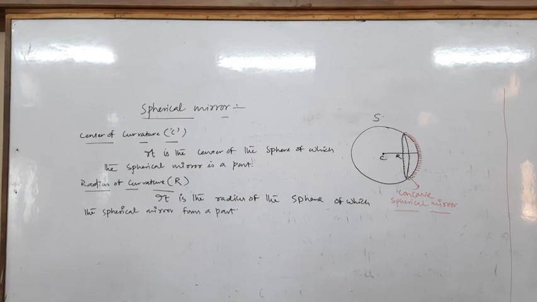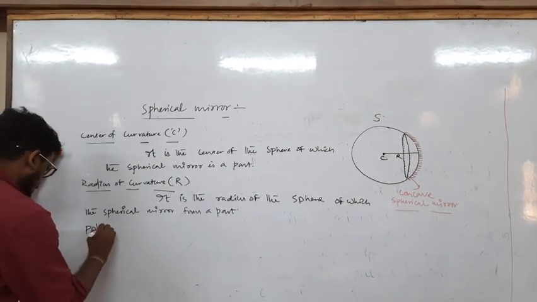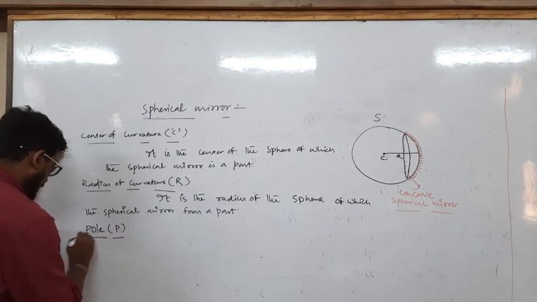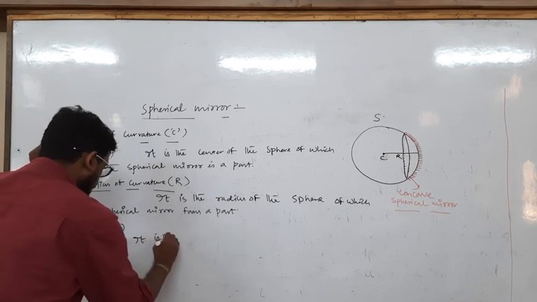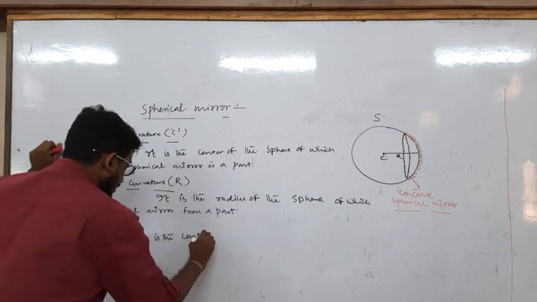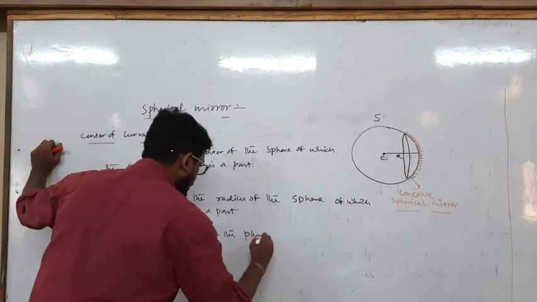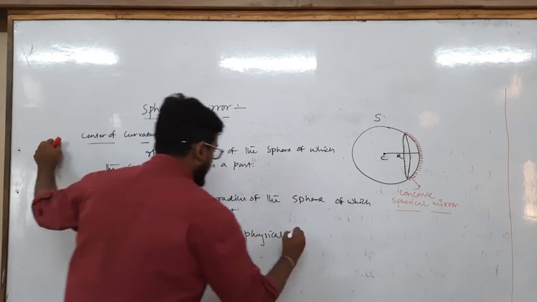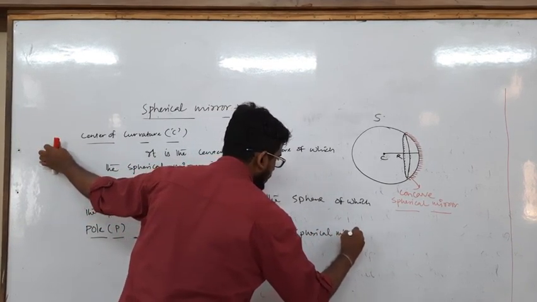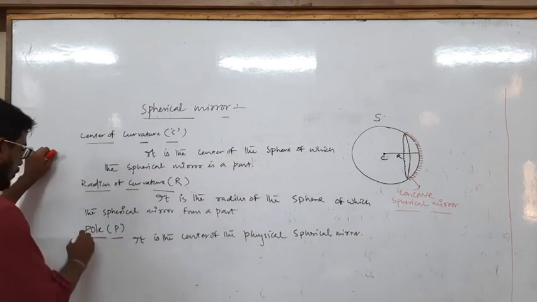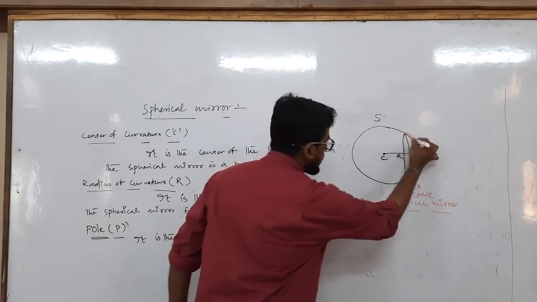Next we will study what the pole is, denoted by P. It is the center of the physical spherical mirror.